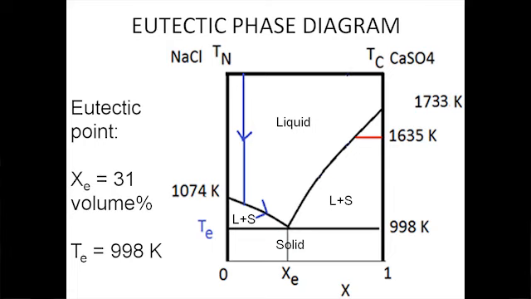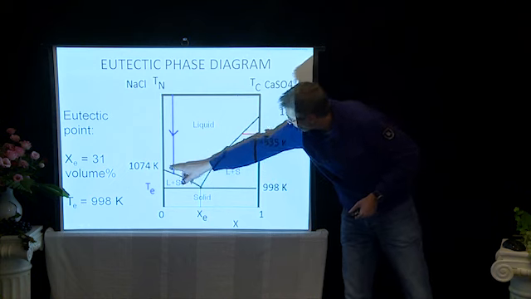In the diagram, the blue vertical line shows the ratio of the melt. The two salts are very well miscible in the liquid state, very well mixable. And following the blue line down, the temperature drops until solidification starts at the so-called left liquidus at this point.